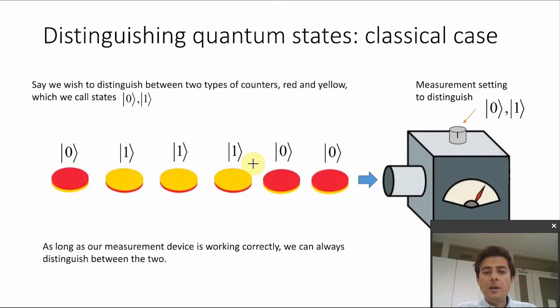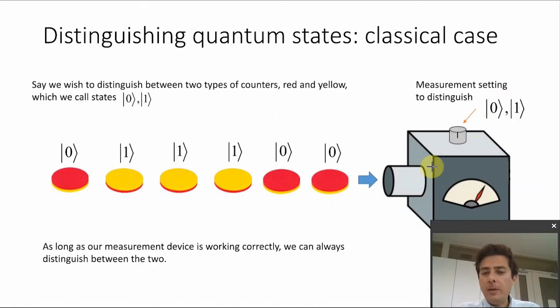Then we can simply set our measurement device to the basis of 0, 1. If it's state 0, then with 100% chance we will get the outcome 0.